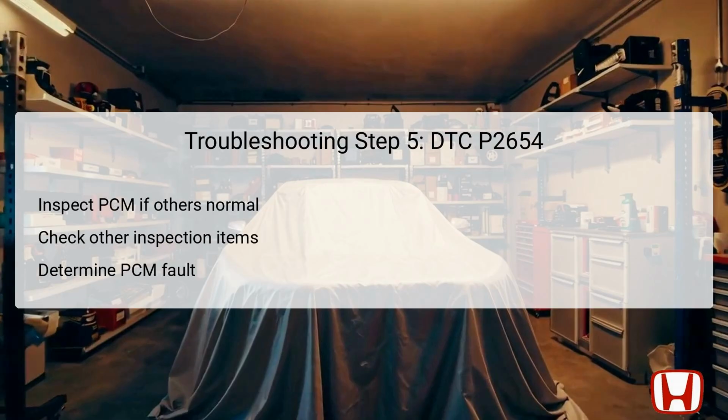The final step in the troubleshooting procedure is to inspect the PCM itself. If all previous inspection items revealed normal conditions, yet the DTC persists, it strongly suggests that the PCM is the source of the fault. This can entail a detailed inspection of the PCM for any visible damage or signs of failure.